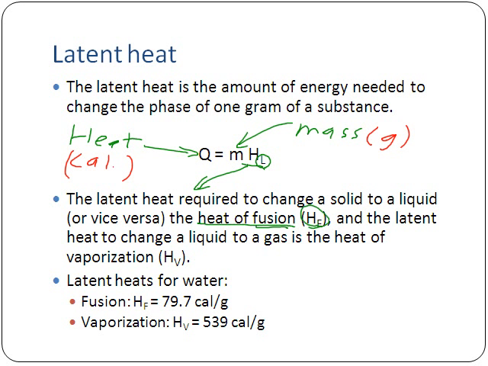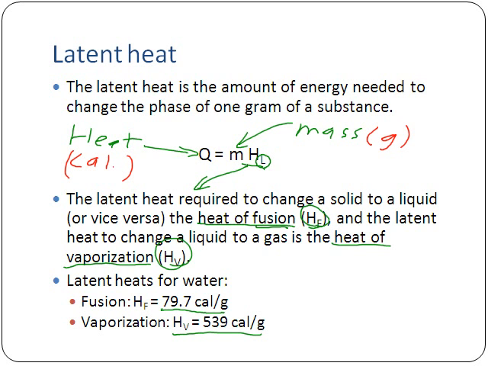So that's fusion, freezing, think those two together. That's what that one's going to cover. Now, if instead of melting or freezing, we're vaporizing something, the amount of heat required to change from a liquid to a gas is called the heat of vaporization. And instead of H_L, we use H_V here. For water, the heat of fusion is 79.7 calories per gram. The heat of vaporization is 539 calories per gram.